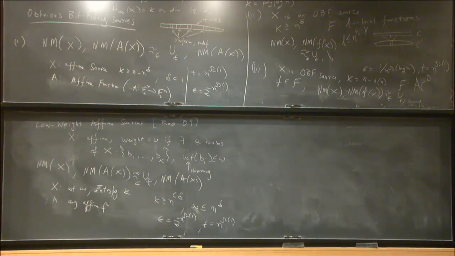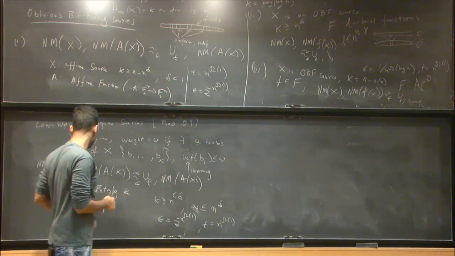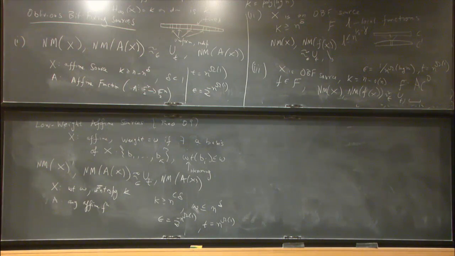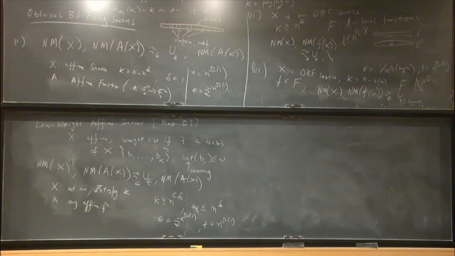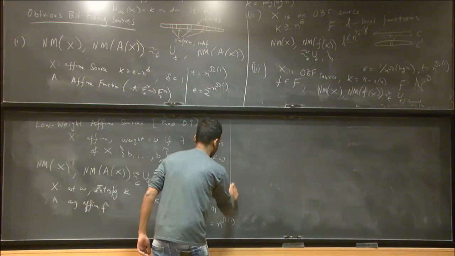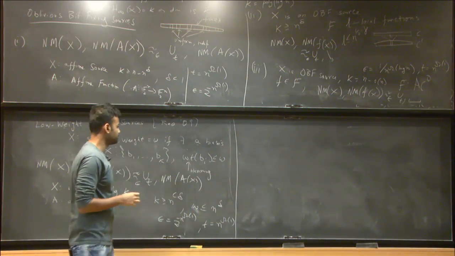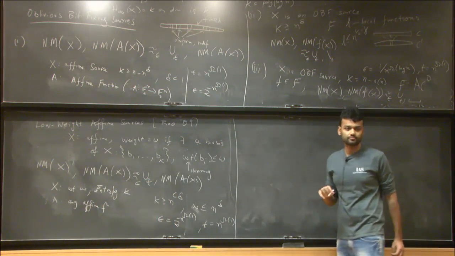So notice that the reduction that we saw from local to affine actually gives weight 1. Exactly, yeah, it's weight 1. But it's big fixing. Right. Now let's actually try to construct these extractors. If it's weight 1, is that a linear subspace?